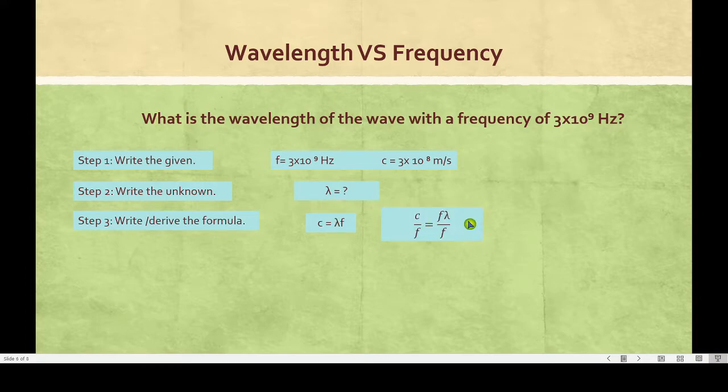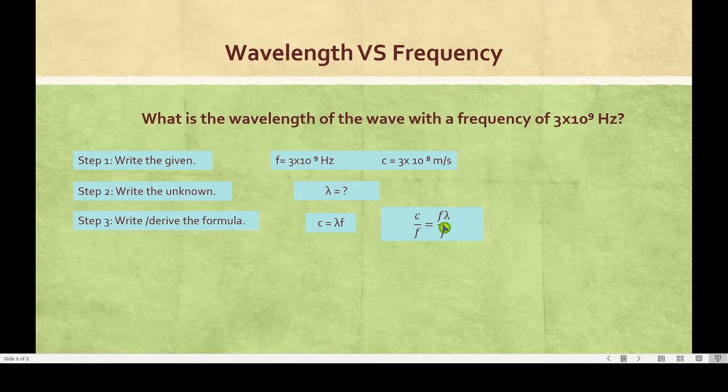So you need to derive this equation to come up with the equation for lambda. Since c is equal to lambda f, and we need the equation for lambda, or the wavelength, let us eliminate f so that the wavelength will remain.